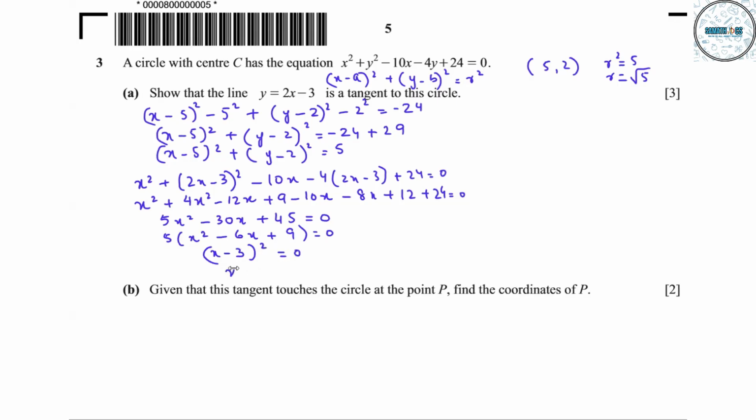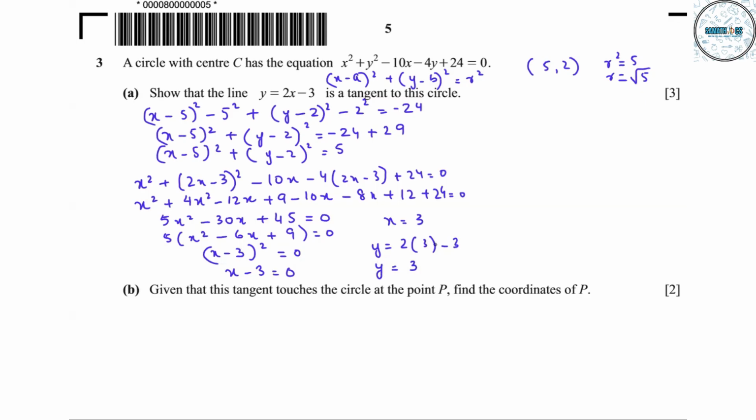So the value of x here is 3. For y, we will substitute this 3 into equation y is equal to 2x minus 3. So 2 3s is 6 and 6 minus 3 is 3. So y is equal to 3.